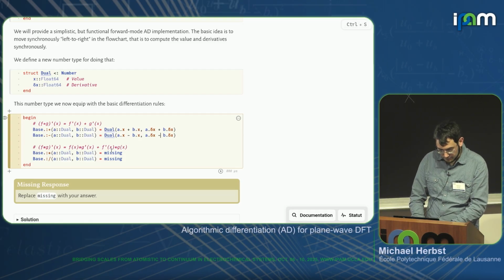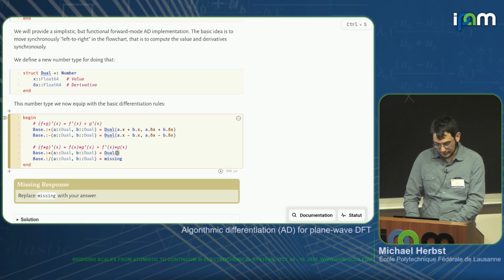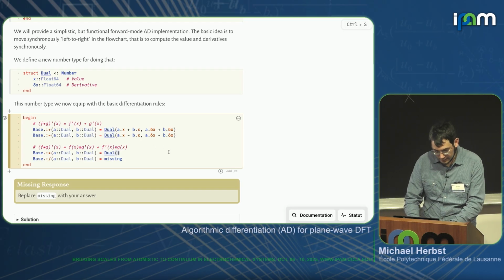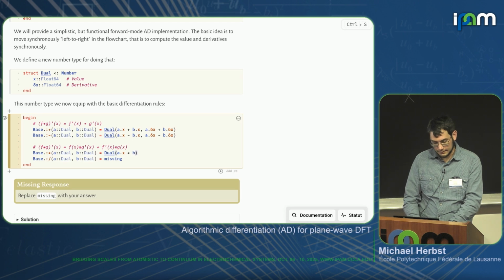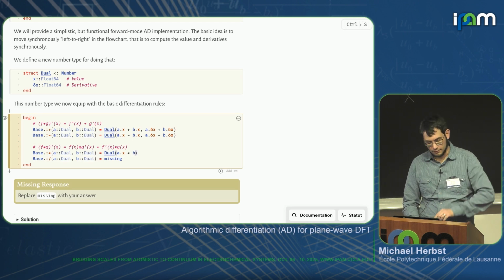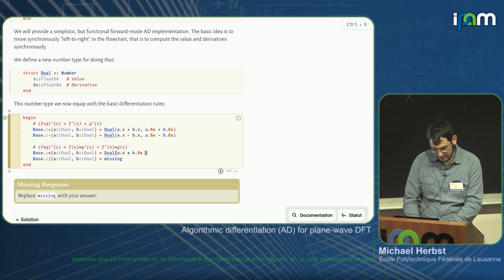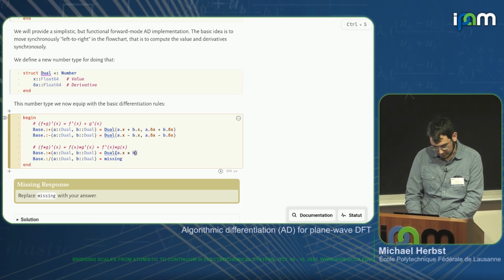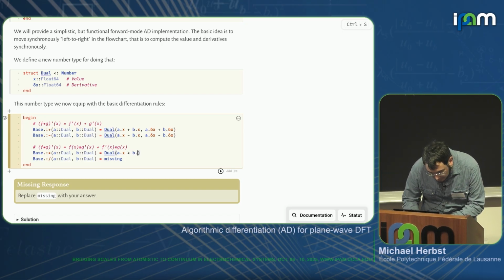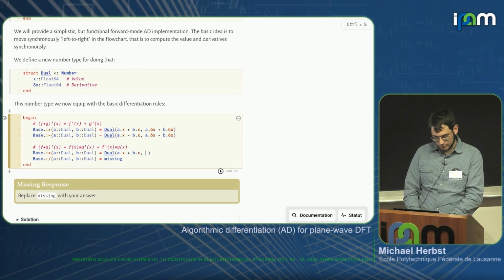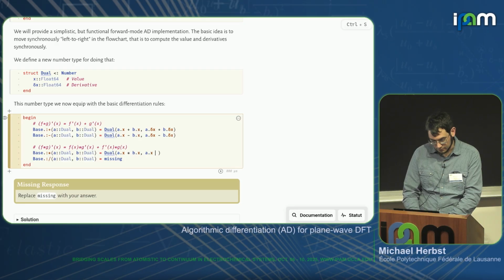Now it gets a little bit more tricky for multiplication, right? Because there the chain rule actually asks us to do a few more things. We basically need to do a times the derivative of b, right? So here this is just the value. The value is always exactly the operation, but for the derivative we now need to do a times b dot delta x.